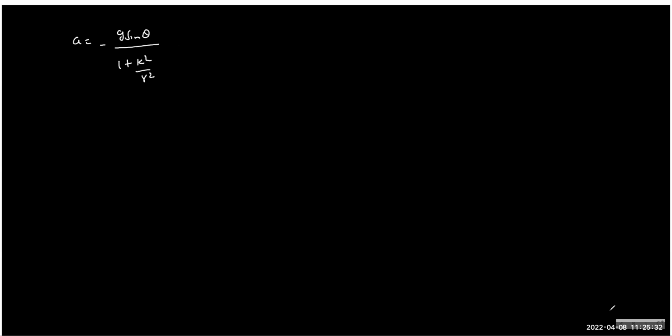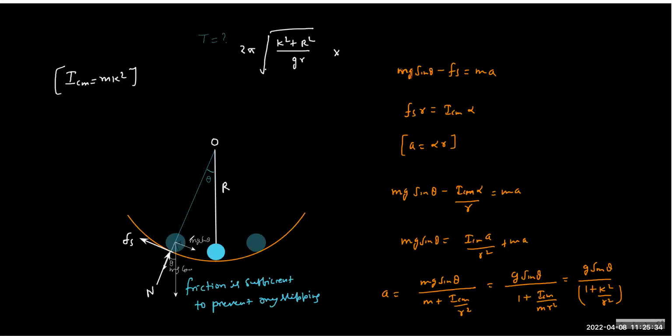Now the question is how to write sin theta. So if I say this gap as x, then sin theta will be how much? So the center of mass is moving, right? So how far is the center of mass from the point O? It is capital R minus small r.